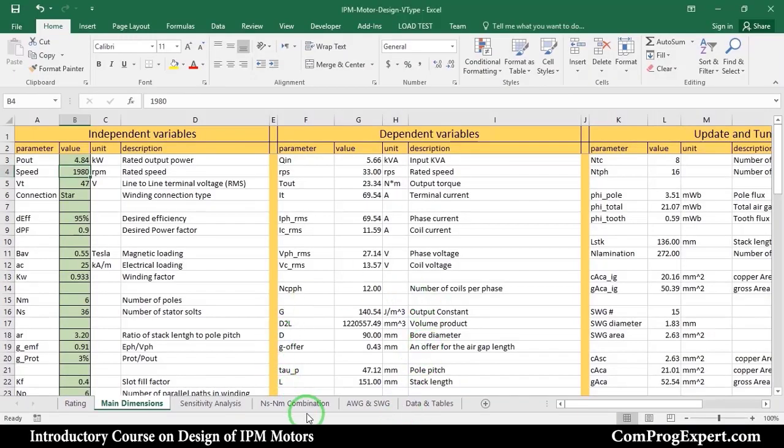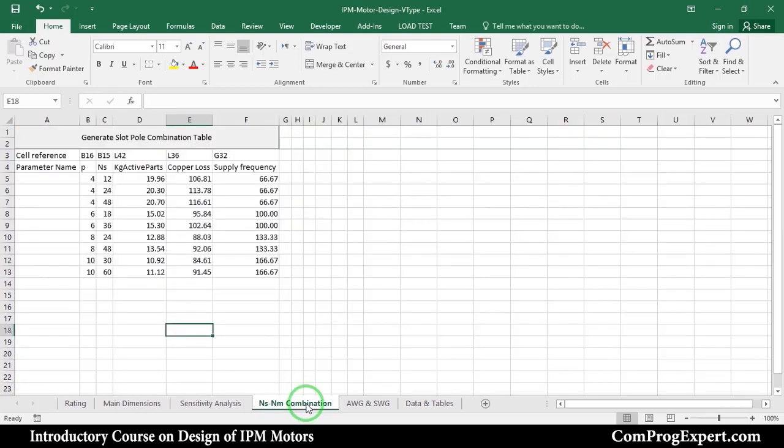Here in the Excel file, we have a sheet named NSNM combination. Here is the pole slot combination, for example, 6 pole and 8 slot.